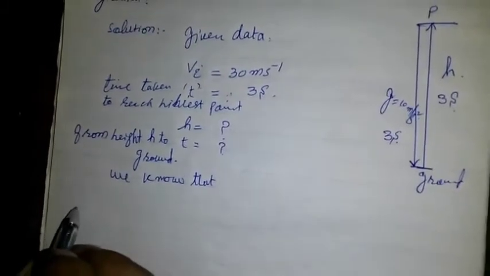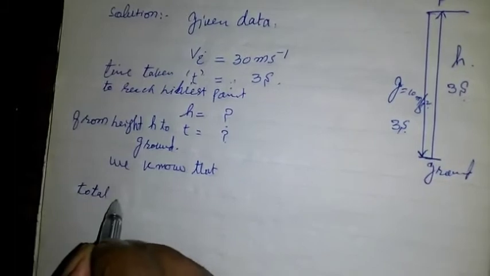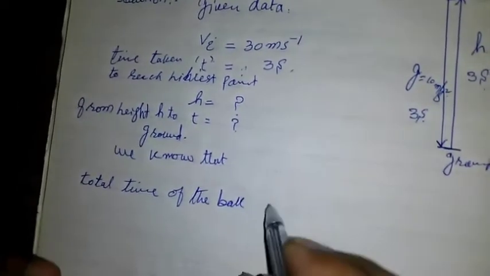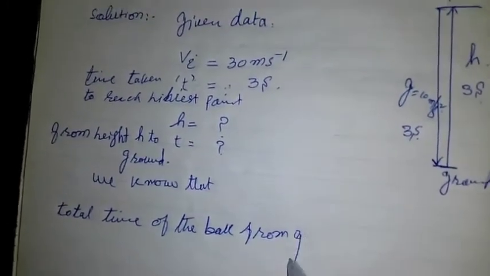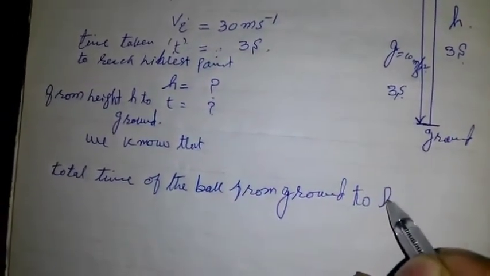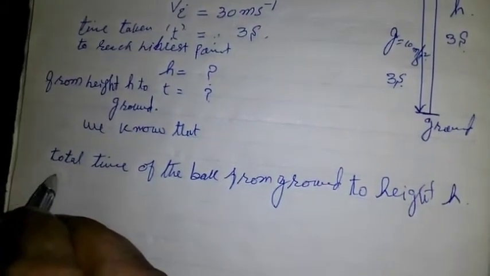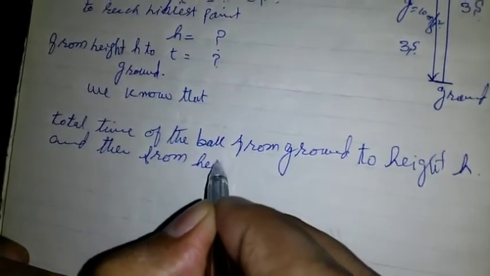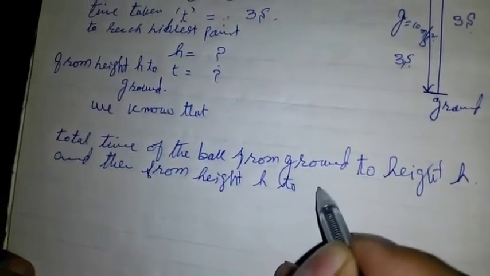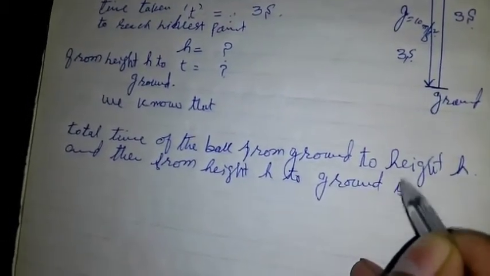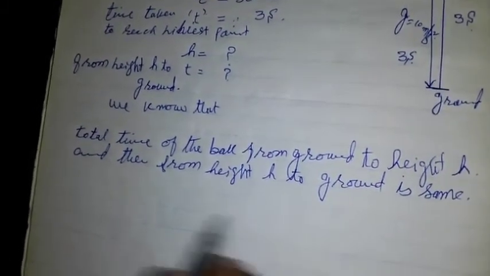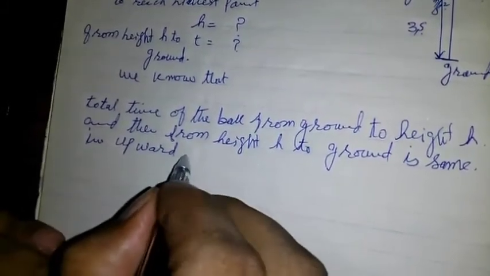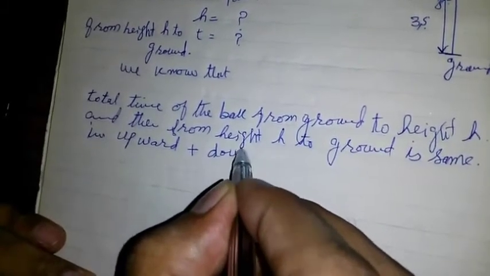So total time of the ball from ground to height h, and then from height h to ground, is the same in upward plus downward.